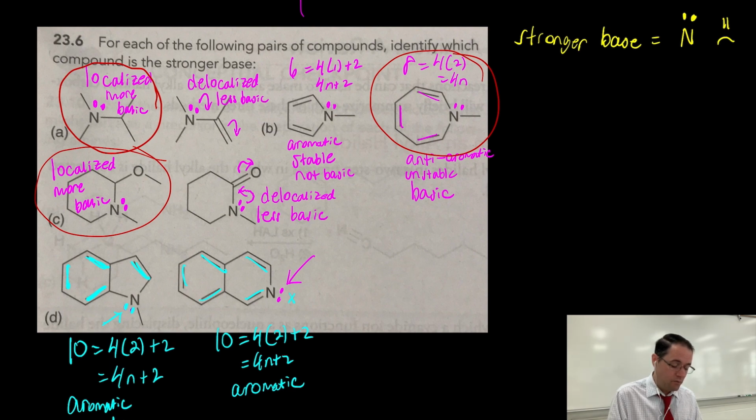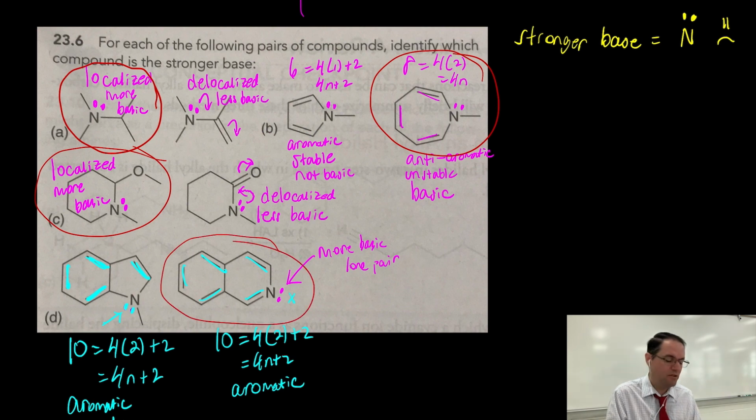However, let's look at this purple arrow. This purple arrow is pointing to the lone pairs there. It's not part of the 4n plus 2, so that's a straggler. That's a person sitting on the bench of the game, and that person's available to run, get a drink of water, or act as a base. Okay, so this is going to be the more basic lone pair. And we talked about pyridine before, so this should all be making sense. So that's going to be the more basic compound.